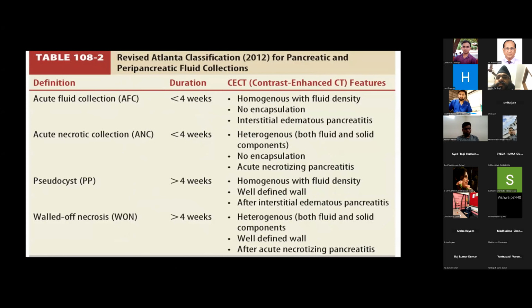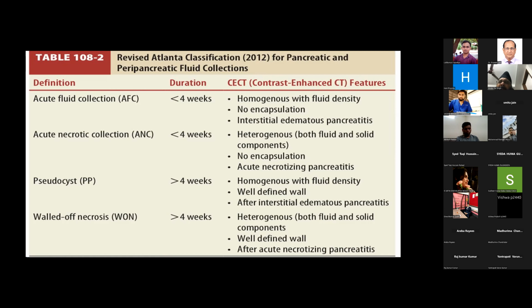The revised Atlanta classification has four types of pancreatic and peripancreatic fluid collections: acute fluid collection, necrotic collection, pseudocyst, and walled-off necrosis. Acute fluid collection and pseudocyst come under interstitial edematous pancreatitis, and necrotic collection and walled-off necrosis come under necrotizing pancreatitis.